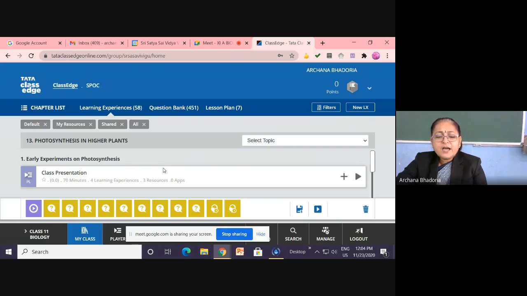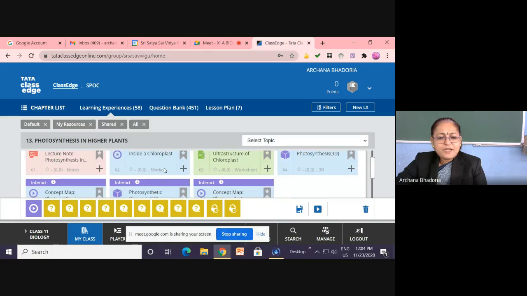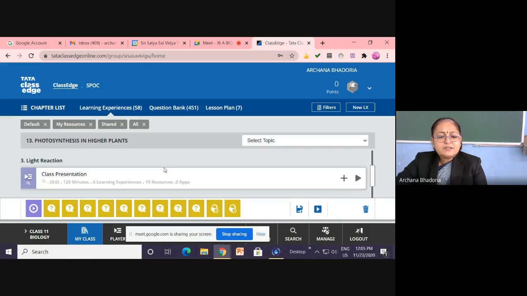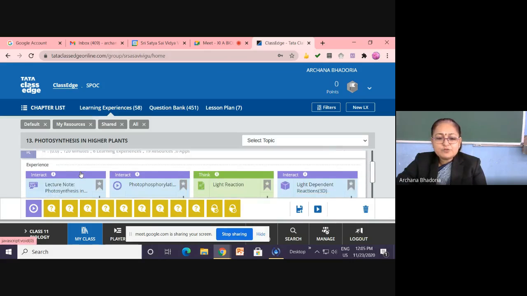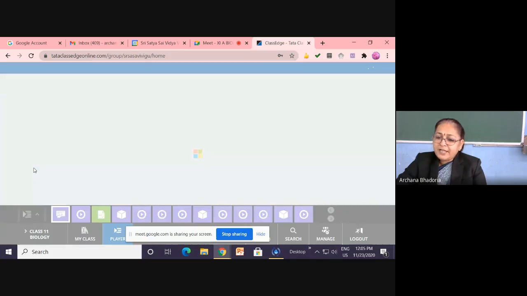Today after the class, take a picture of your lecture notebook and send it to me. So we have completed the site of photosynthesis, the different light wavelengths absorbed during photosynthesis and the photosynthetically active spectrum, the two photosystems and the meaning of photosystem, and the reaction centers.